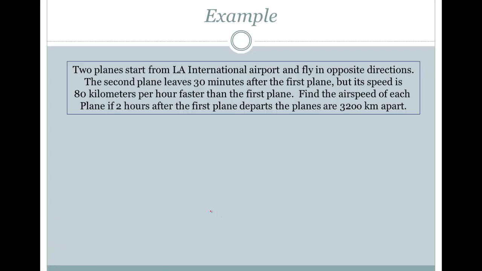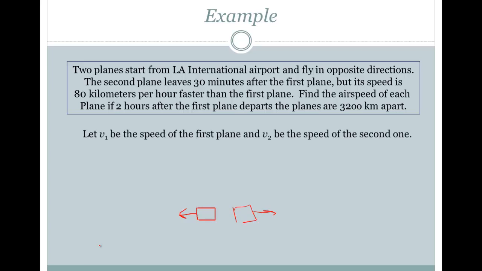But if I think about this, one plane is going to fly in one direction, we have one plane flying this way, and we have one flying this way. I basically want to set up an equation that describes the distance between them. So if I let v1 be the speed of the first plane and v2 be the speed of the second plane, we can think about the distance when they're going to be 3,200 kilometers apart.